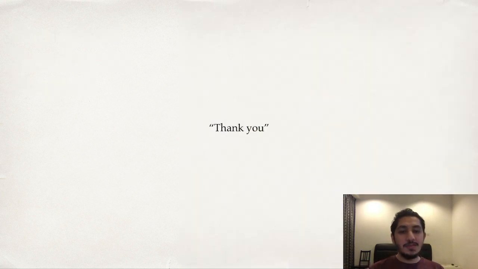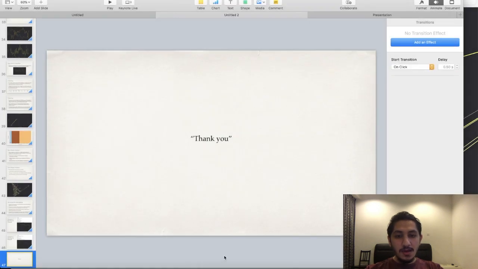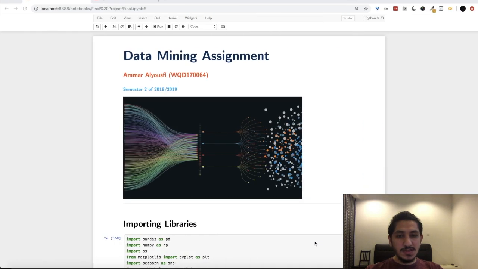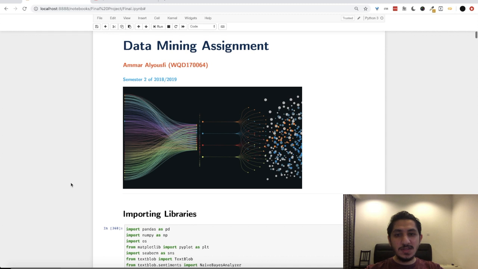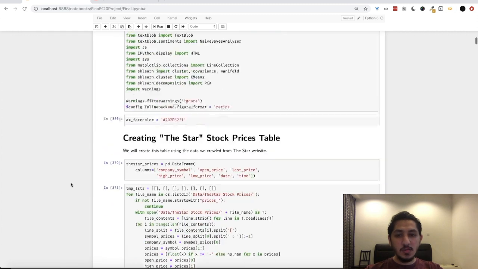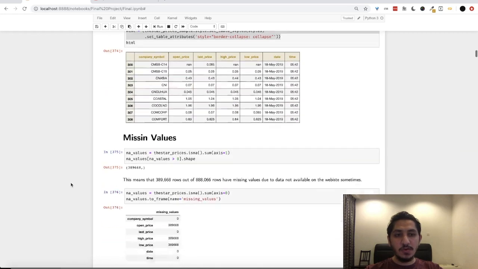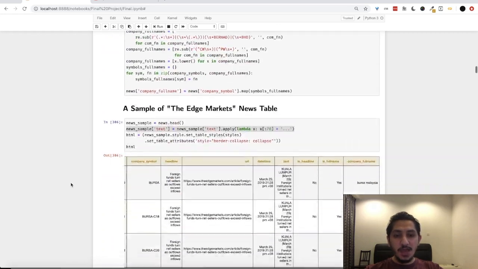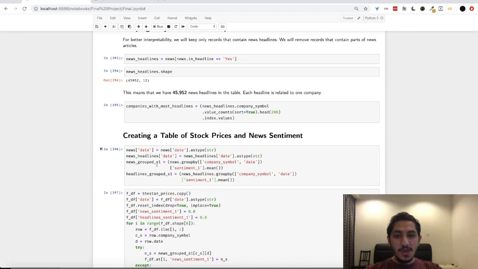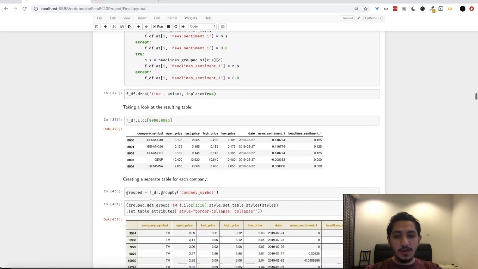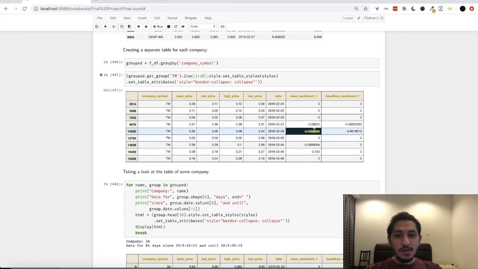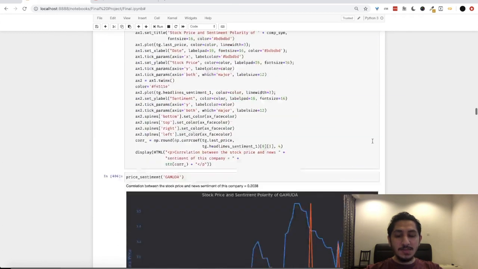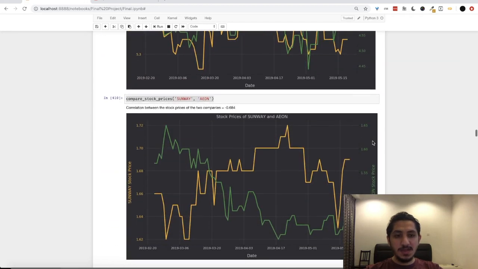That was the presentation for my project in the data mining assignment. Along with this presentation, we have this Jupyter notebook. This Jupyter notebook includes the most important steps in the project. We have the code, the output of the code, and we have also explanation about different concepts in the project.